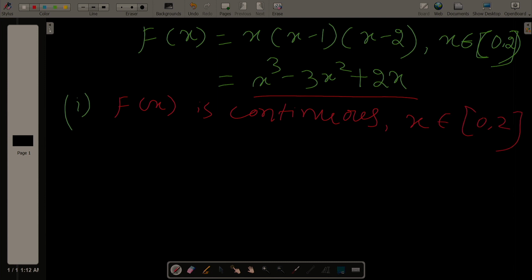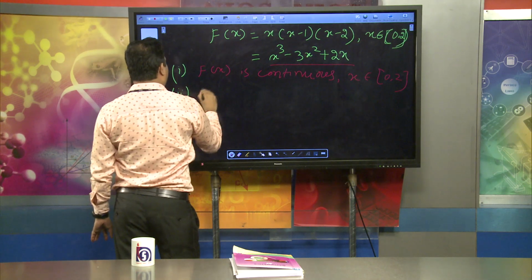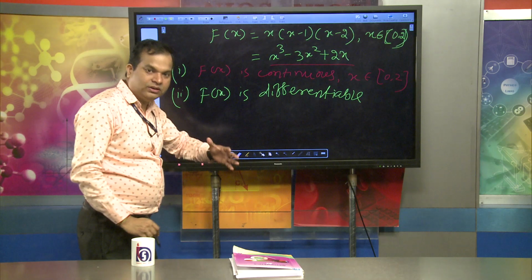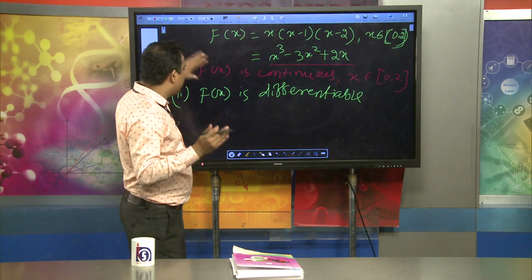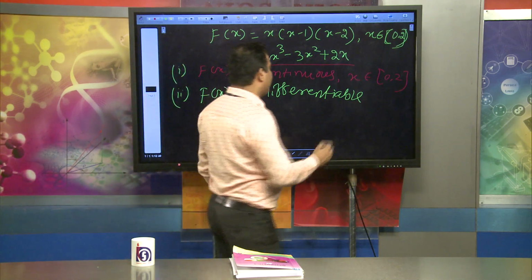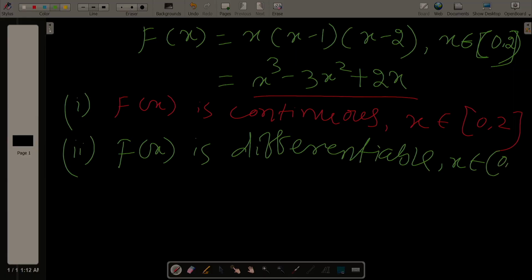When talking about the second condition, f(x) is also differentiable. Why is it differentiable? You already know, because all polynomial functions are continuous and continuous functions are differentiable. So f(x) is differentiable within the open interval, x an element of (0, 2).